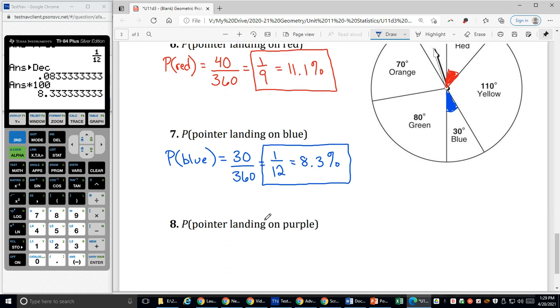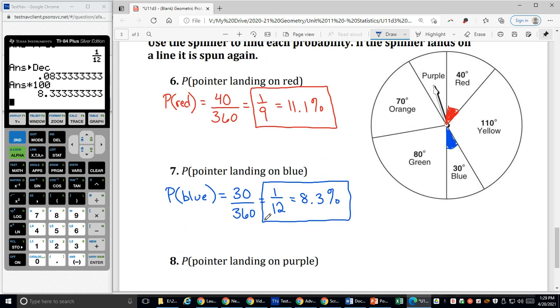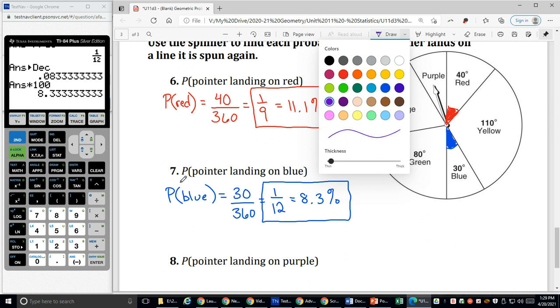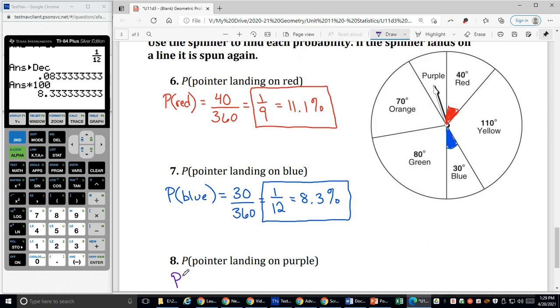And then the last one here, number 8, the probability that I land in purple. Now notice I don't have a number for purple. So to get this purple, I need to know how many degrees are here. But I do have all the other degrees. I've got 40 red, I've got 110 yellow, I've got 30 blue, I've got 80 green, and I've got 70 orange.